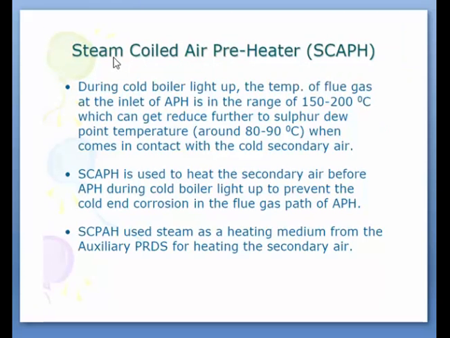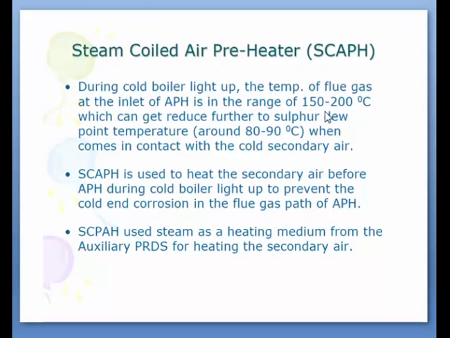So there is one more arrangement that is known as steam coiled air preheater, that is SCAF. Basically, it comes into the picture when we are going for the cold boiler light up.